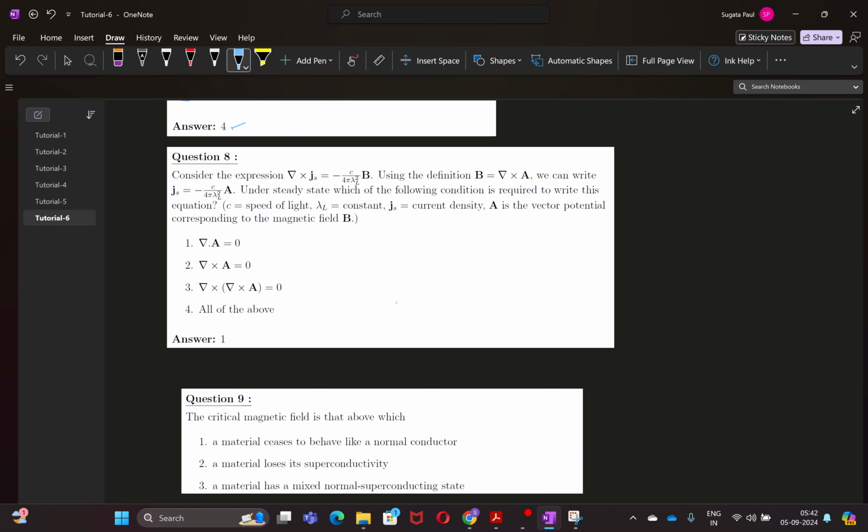It is said that using the definition B equal to curl of A, we can write Js equal to minus c by 4 pi lambda L square into A vector. Under the steady state, which of the following conditions is required to write this? Here c is the speed of light, lambda L is a constant, Js is the current density, and A vector is the vector potential corresponding to magnetic field B vector.